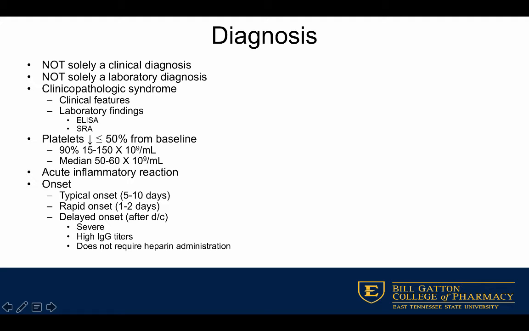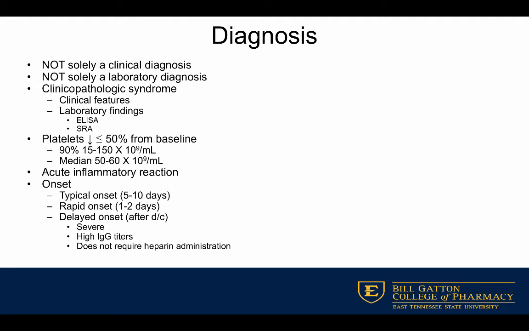When you're dealing with HIT, this is also a rapid onset disorder. It typically happens quickly over a few days. It can occur extremely rapidly, and this would be considered a rapid onset HIT over 1 to 2 days, or it could also be a delayed onset. But typical onset is going to be fairly quick, over 5 to 10 days, with a more rapid onset over 1 to 2 days.